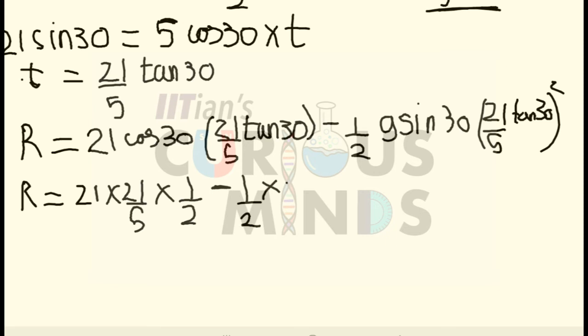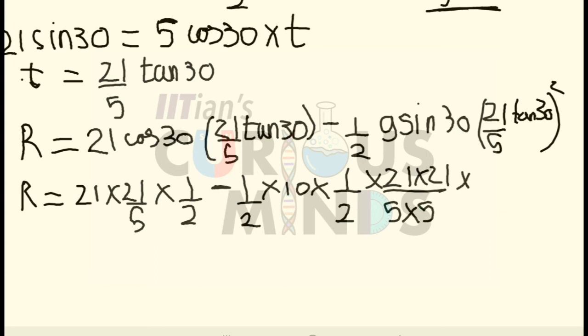Tan 30 is equal to 1 by root 3, so the whole square will be equal to 1 by 3. If I calculate this part, it will be 21 square divided by 10. Why am I writing like this, you will understand in a short while.